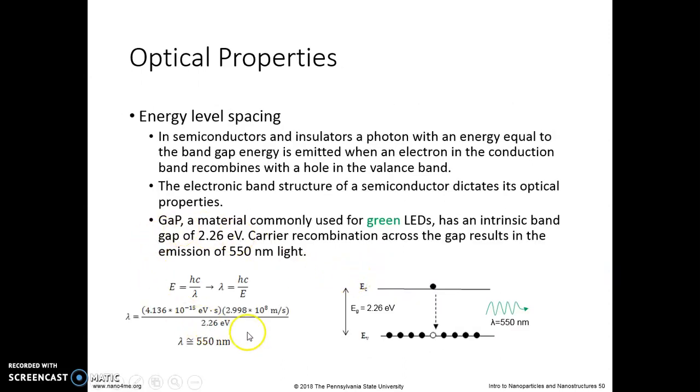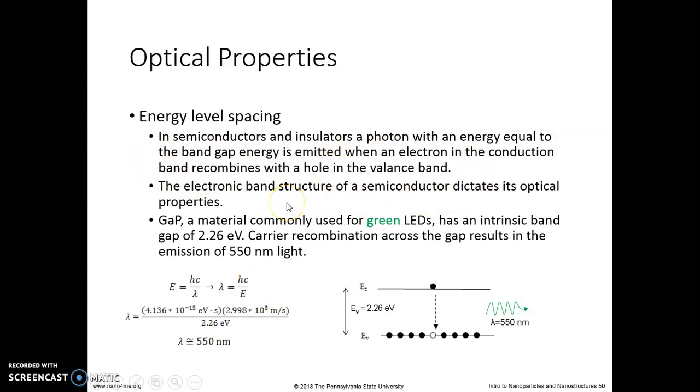Here they have clearly shown how it happens. In a semiconductor and insulator, a photon with energy equal to the band gap energy is emitted when an electron in the conduction band recombines with a hole in the valence band.